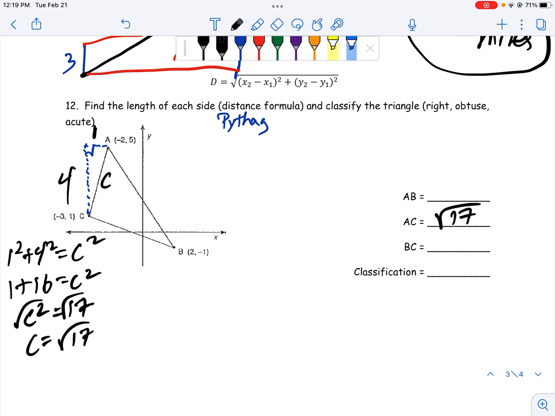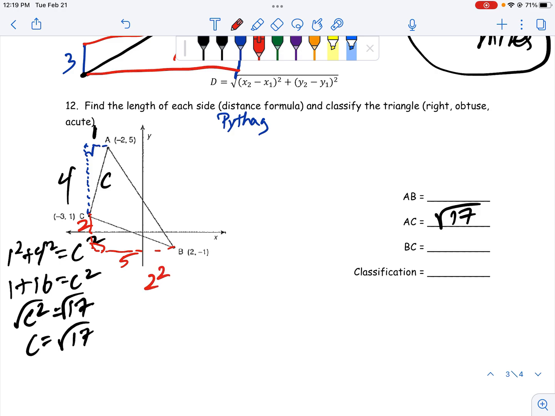Okay, let's see if I wanted to find CB. Terrible right triangle, got a battle. I travel 5 units over, so from -3 to 2. And I actually travel 2 units down.